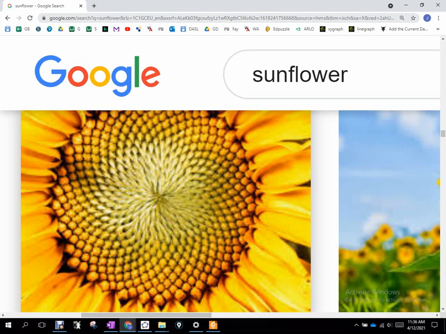Does that make sense? Okay, so I don't even know what you call this part on the sunflower, but that part where the seeds are, they're trying to maximize the amount of seeds that can go in that predefined area. Okay, in order to do that, they need to align themselves in the Fibonacci sequence.